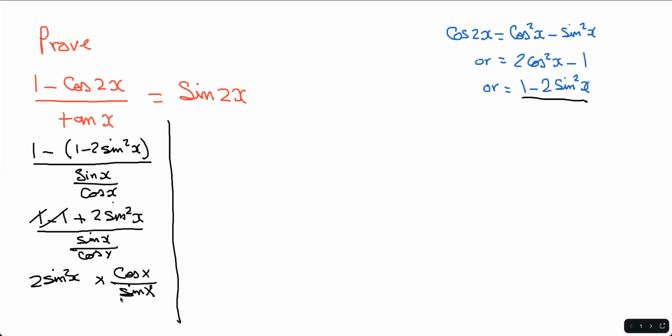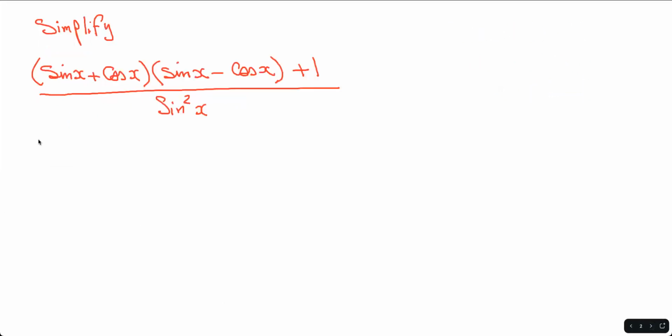And then the sine x here will cancel with the square here, and you end up with 2 sine x cos x, which gives me sine 2x, and that equals sine 2x on the right-hand side. And that's what we needed to prove. So that's the first one. Let's move on to the second one.